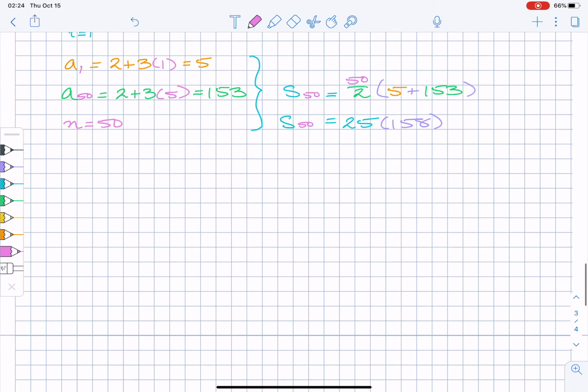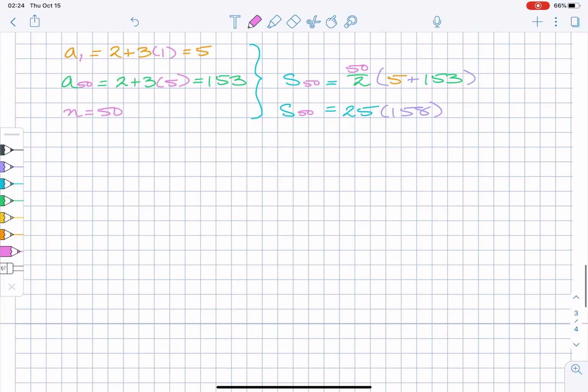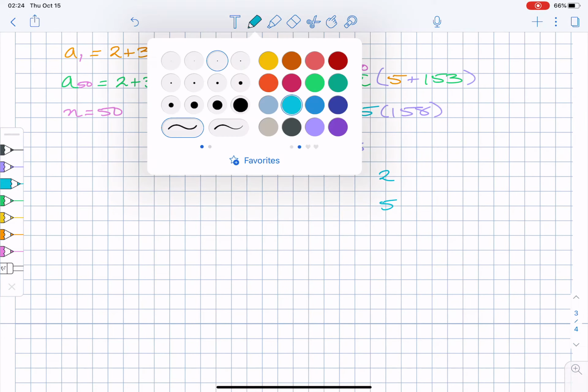Well, since I don't have a calculator, I'm going to have to figure it out this way. So I do 1, 5, 8, and then 25, and I have this grid here.